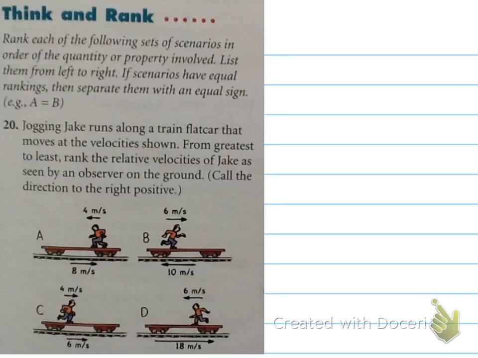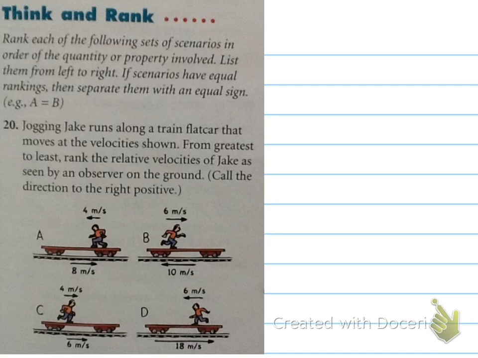Question number 20. Rank each of the following sets of scenarios in order of the quantity or property involved. List them from left to right. If scenarios have equal rankings, then separate them with an equal sign, example A equals B. Jogging Jake runs along a train flat car that moves at the velocity shown.